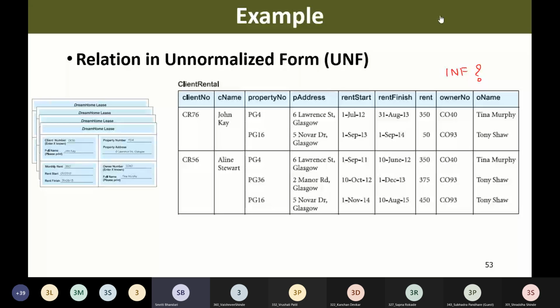Whatever we have right now on our screen is a client rental table wherein we have stored all the attributes for which we want to store information. So my question is whether this table is in 1NF.